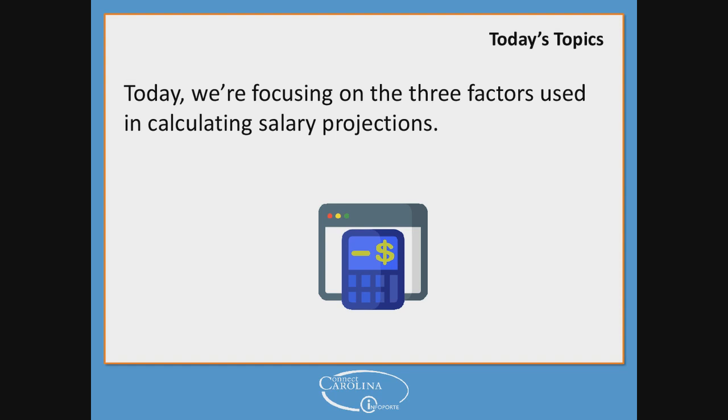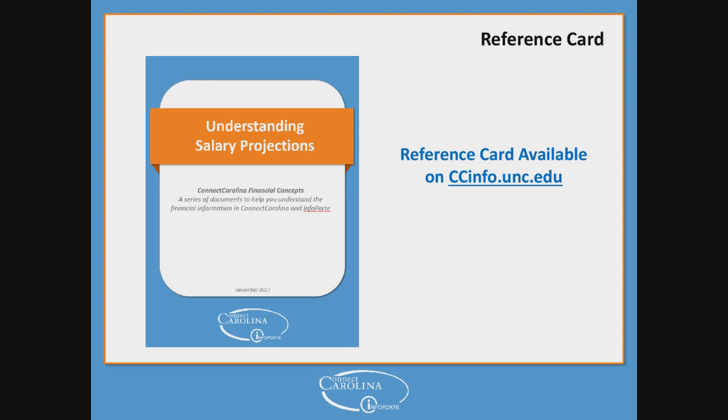Okay, so there's a lot we could say about salary projections, but we want to keep it to an hour today. So today we're going to focus on the three factors that the system uses to calculate salary projections. There's more information in this reference card that you can find on the ccinfo.unc.edu website.